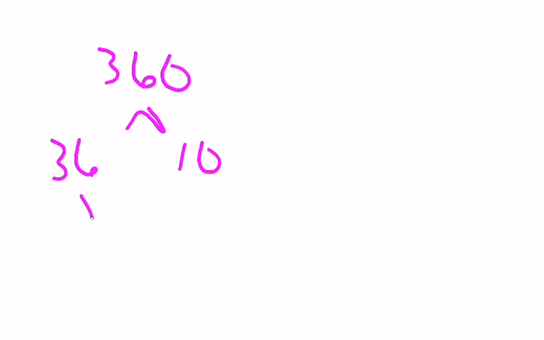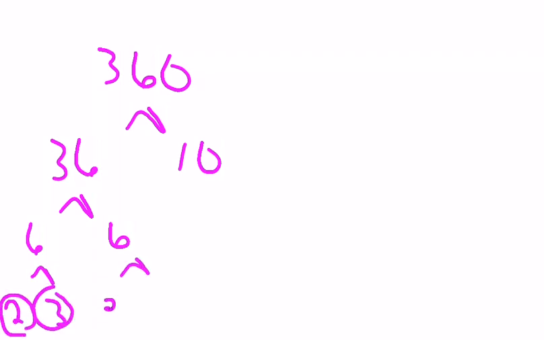Now 360, we want to do the same thing with 360. So two numbers that multiply to 360. So I'm going to use 36 and 10. 36 is 6 times 6. Again, it doesn't matter which numbers you pick. 6 is 2 and 3. We want to keep those. 6 is 2 and 3. We want to keep those.